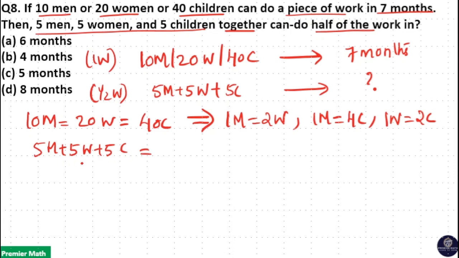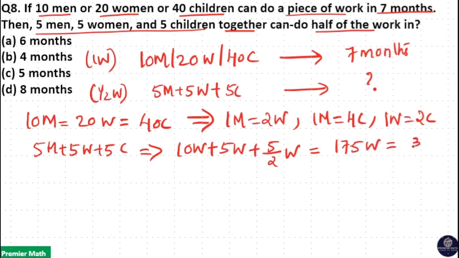I will convert it in terms of women. 5 men means if 1 man is 2 women, 5 men is 10 women plus 5 women plus 5 children. If 2 children is 1 woman, 5 children is 5 by 2 woman, which is equal to 17.5 women. I will convert it as 35 by 2 women.